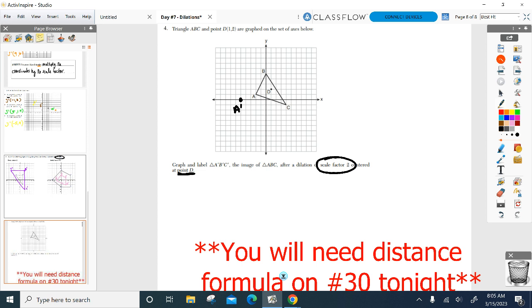It shouldn't go on the opposite side of D. It should be getting further away from D. Go from the center of dilation and count.